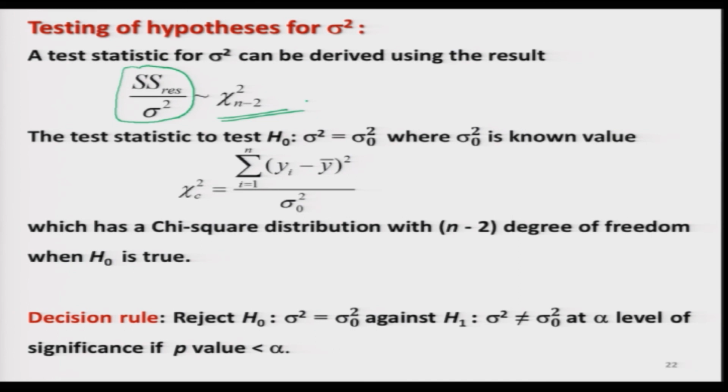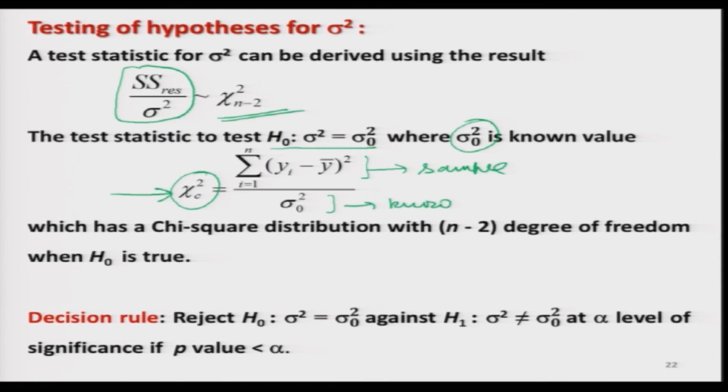So, based on this, the test statistic for the hypothesis H naught: sigma square equal to sigma naught square, where sigma naught square is some known, given constant value, can be constructed, and the final statistic comes out to be like this: chi square c, where c means calculated, which is summation i goes from 1 to n of (yi minus y bar) whole square divided by sigma naught square. So, this value can be obtained from the sample and this value is known.